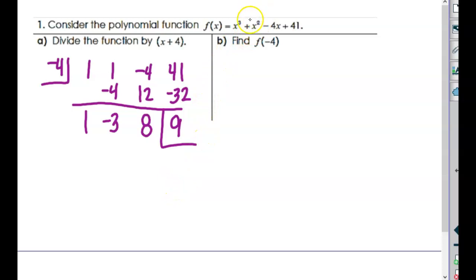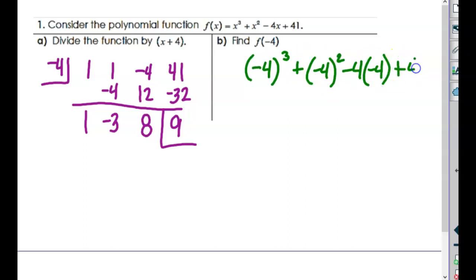This is the remainder theorem part of the lesson today. We're going to learn what happens if I put in -4 into this function. So grab your calculator and type -4 to the third plus -4 squared minus 4 times -4 plus 41. I'm going to do it without a calculator and get the wrong answer.